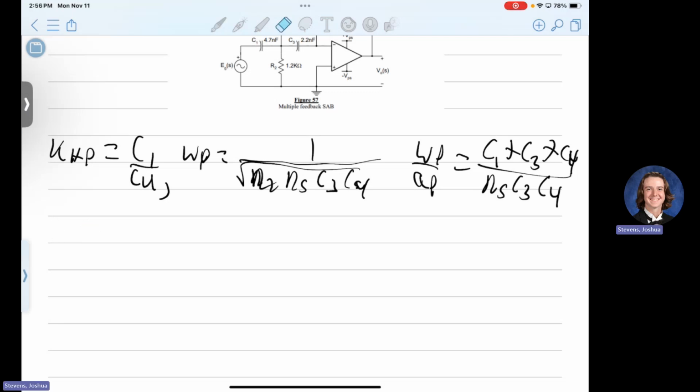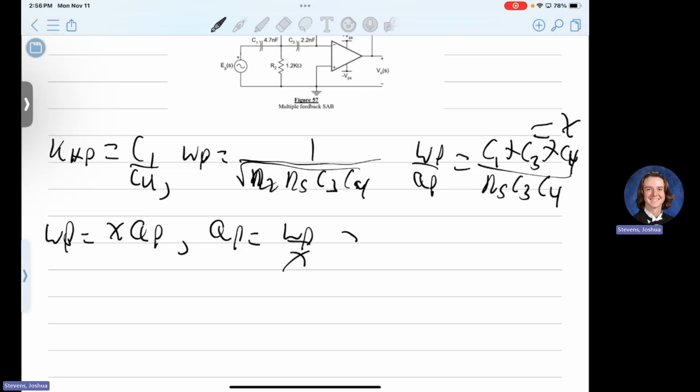Actually, let me do the actual algebra. I'm just going to say this is X. X times QP equals omega P, so QP equals omega P over X. So that just becomes omega P over C1 plus C3 plus C4, all over R5, C3, C4.